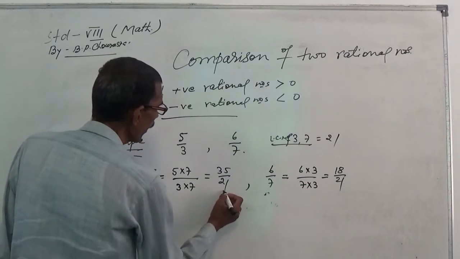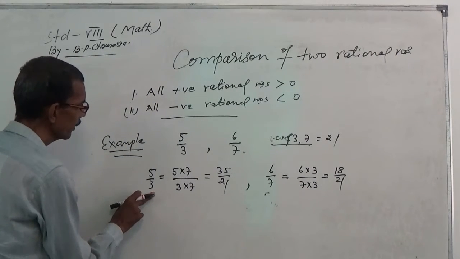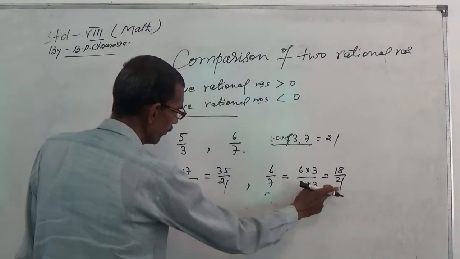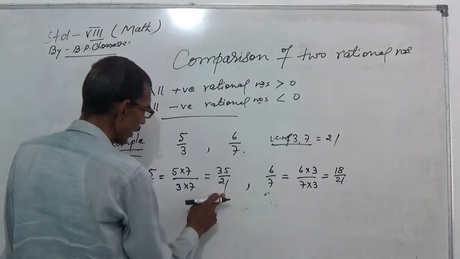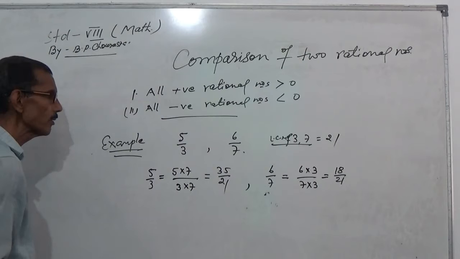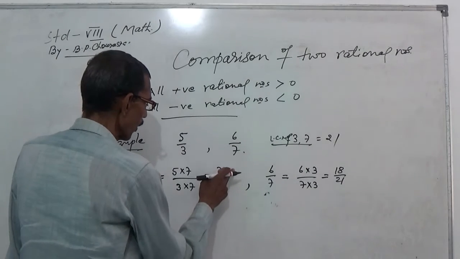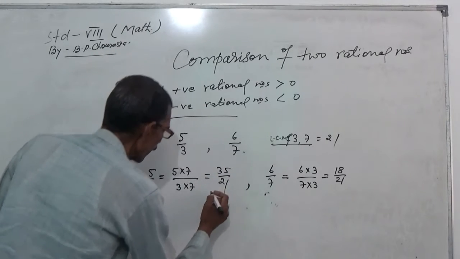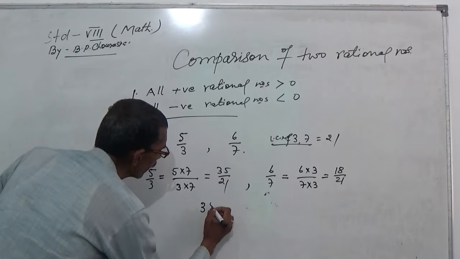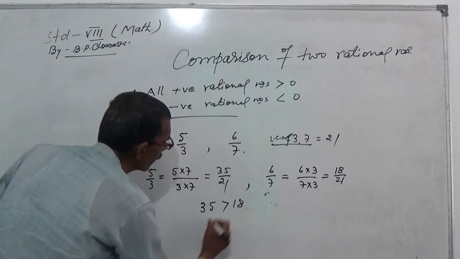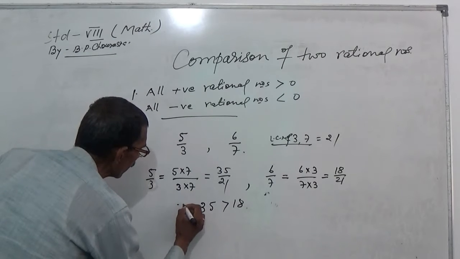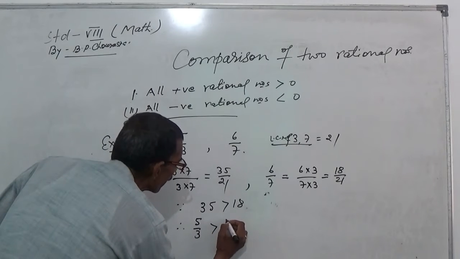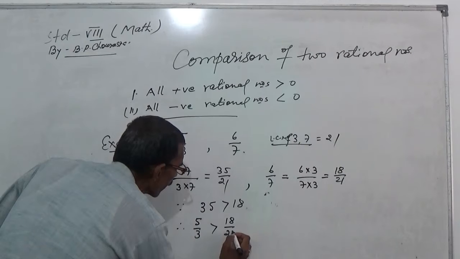Clearly, now the denominators of these rational numbers are the same, so you can find which numerator is greater. Here 35 is greater than 18. Therefore 5 by 3 is greater than 6 by 7, that is 18 by 21.